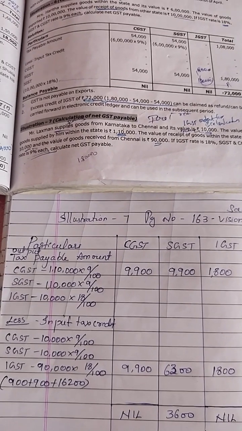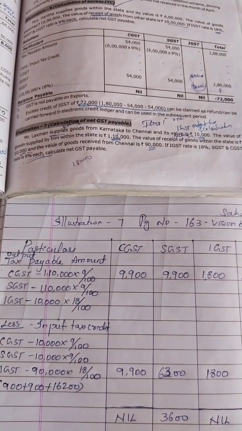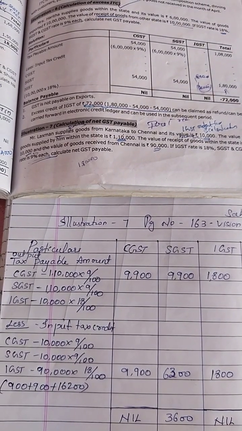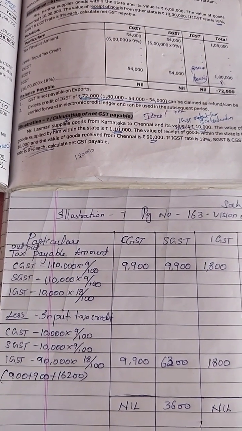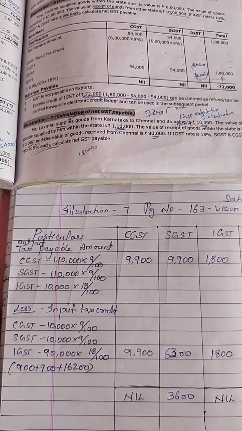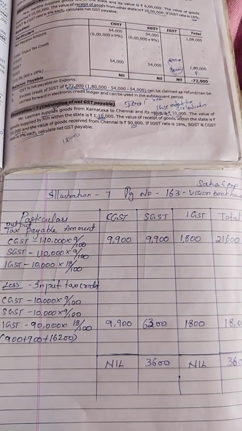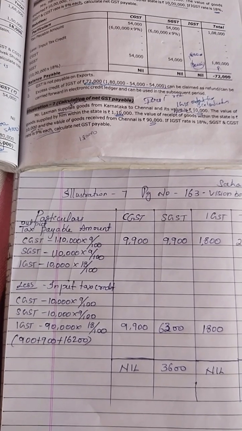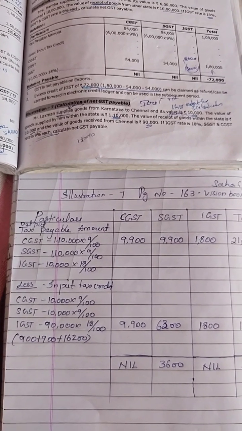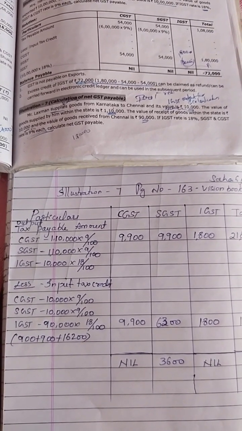Alright, so in this problem you first have to calculate your output tax payable amount. In order to calculate that, you have to consider your outputs, nothing but what you are supplying, what you are selling.